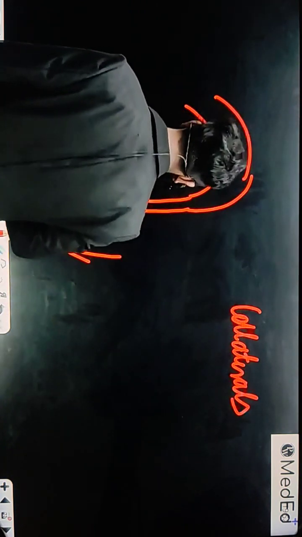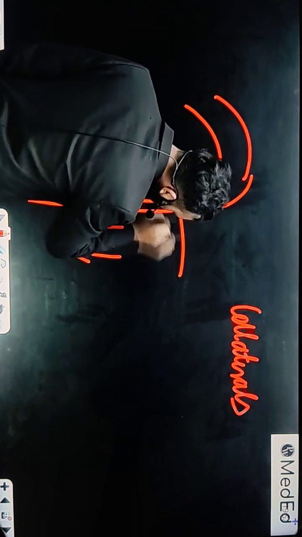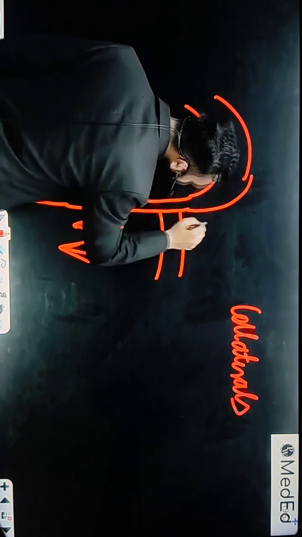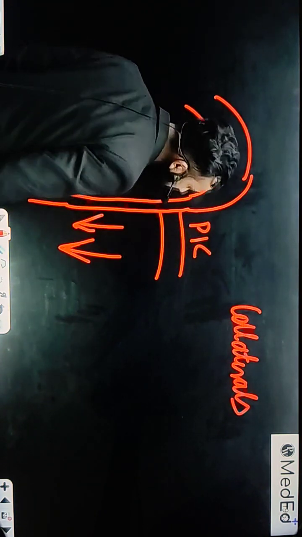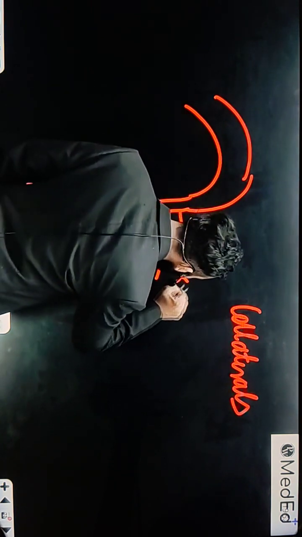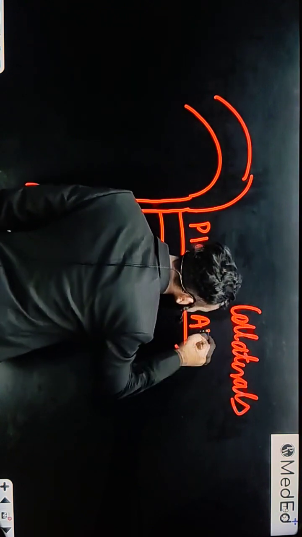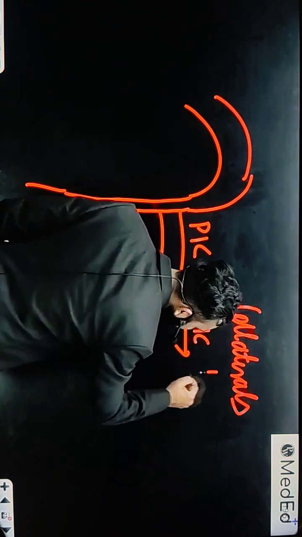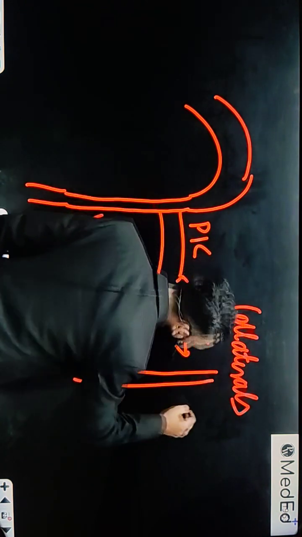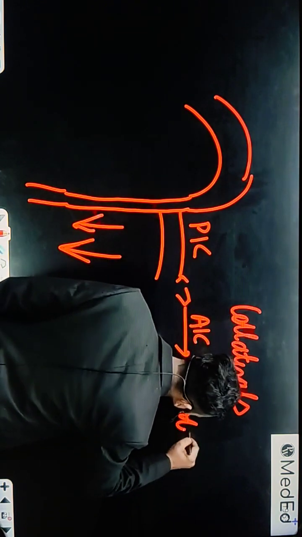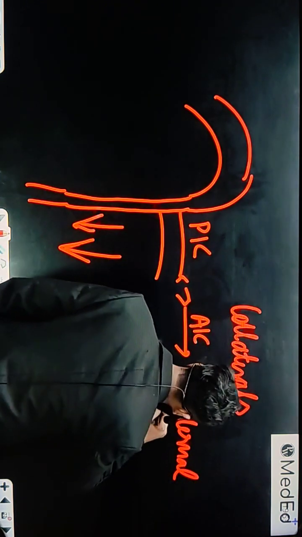And what are these collateral channels? So guys, aorta gives branches such as the posterior intercostal arteries. These posterior intercostal arteries anastomose with the anterior intercostal arteries. And these anterior intercostal arteries are branches from the internal mammary artery.